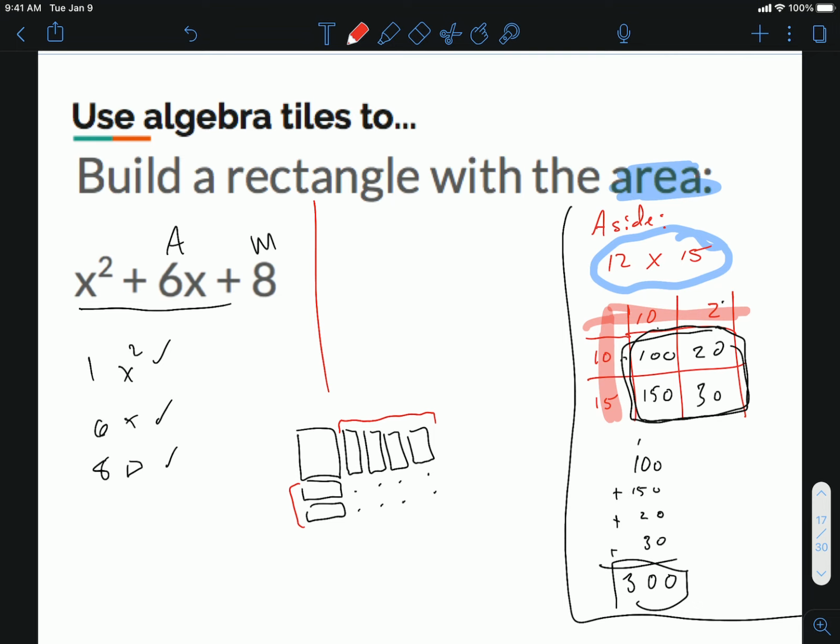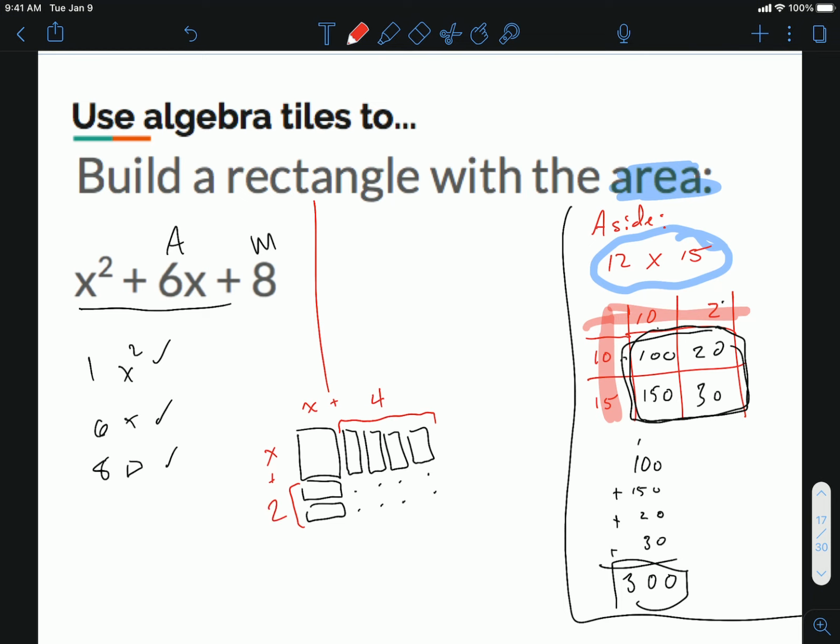So if I was to write my length and width, I'm going to see x and an x, plus something, right? I'm going to see, okay, well, it's plus 4 there. That's plus 2 there.